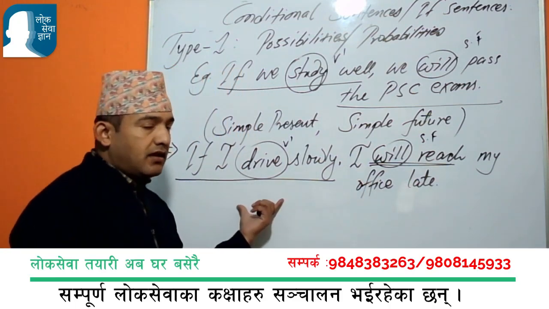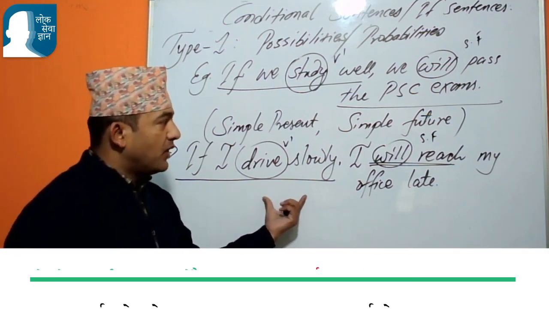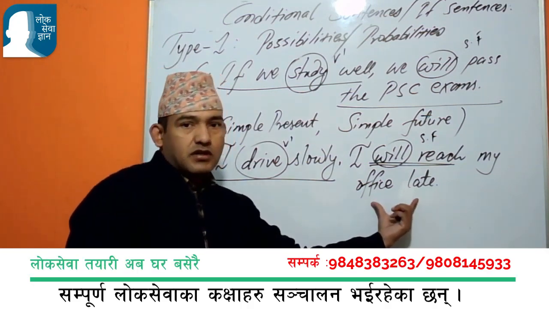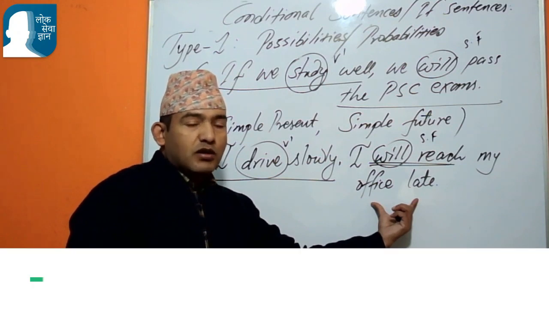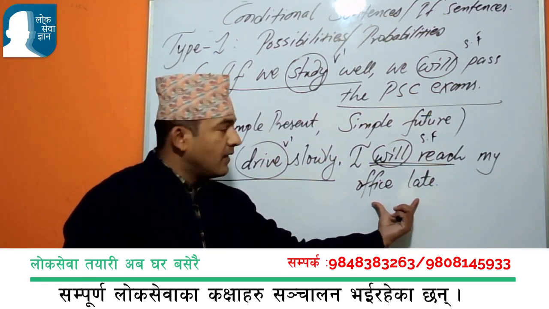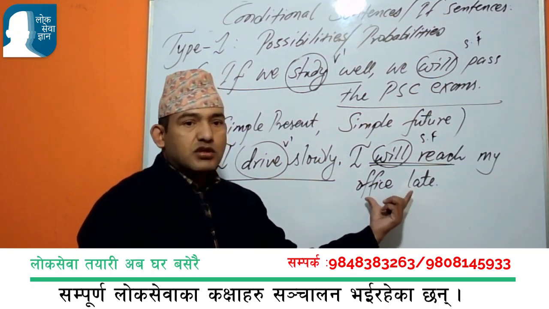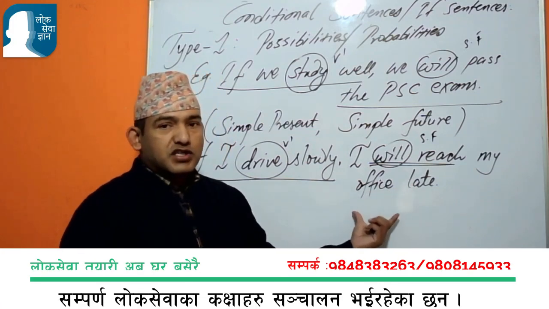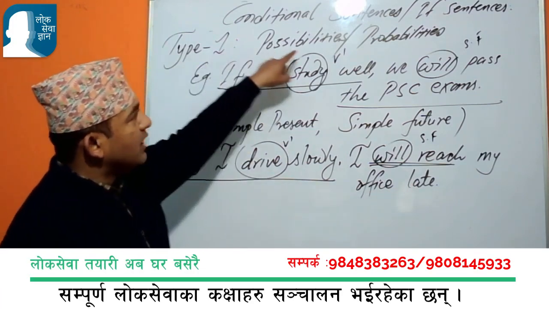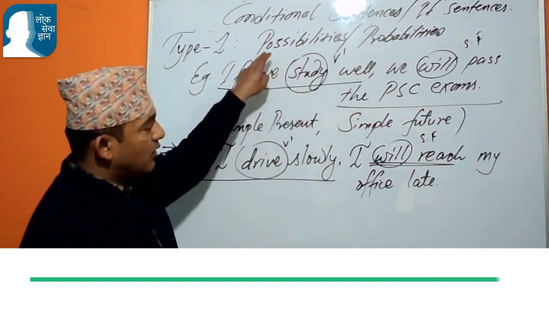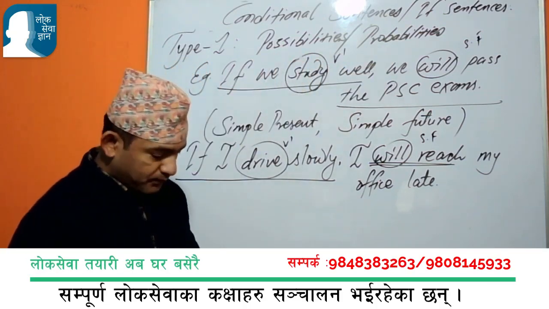If I drive slowly I will reach the office late, it's a possibility. That's why this is type 1 conditional sentence expressing the meaning of probabilities and possibilities.